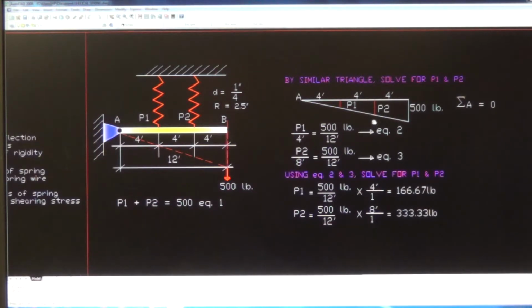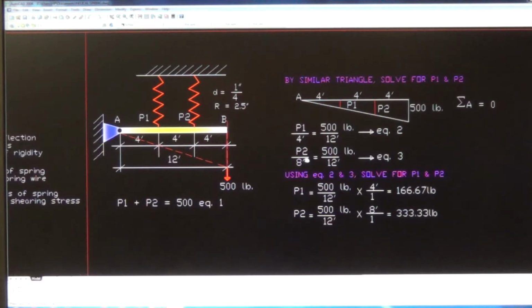So P2 now has P2 over 8 equal to 500 divided by 12, equation 3. Now we use equations 2 and 3 to solve for P1 and P2. By cross multiplying equation 2, the number 4 goes there, so P1 equals 500 divided by 12 times 4 over 1, which is 166.67.